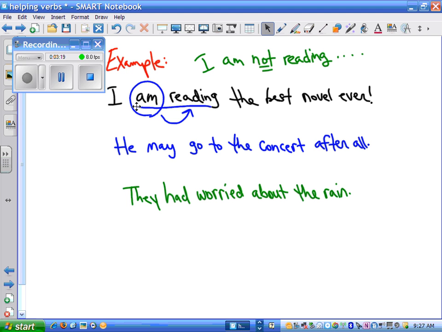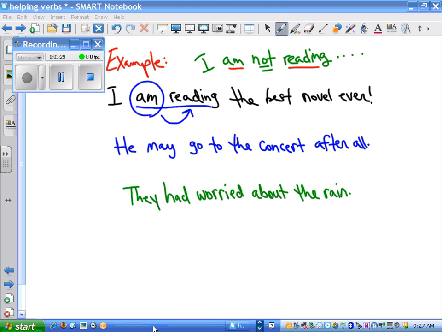And in this case, there's a separation there, right? But here, I'm going to underline a verb phrase. It's still there. We just have a word in between. So there's nothing to get scared over. You just have to recognize where you have the helping verb and what verb it is helping out.